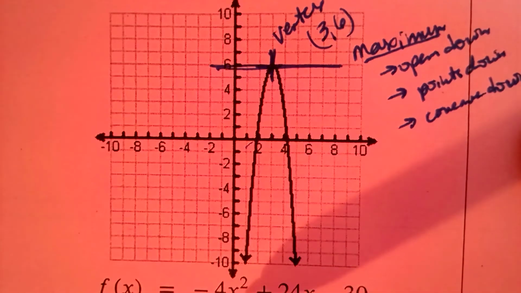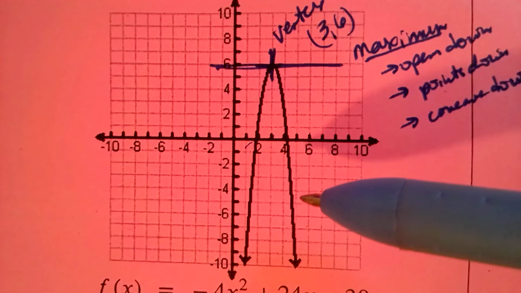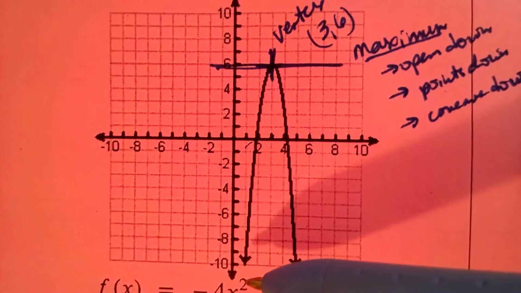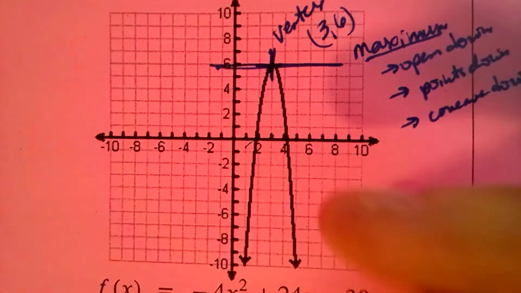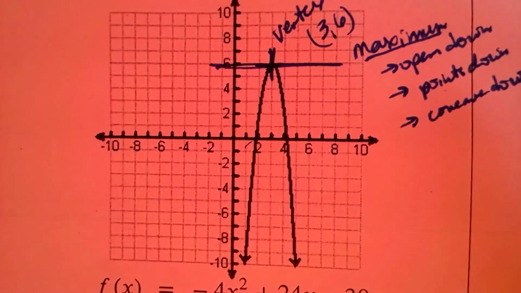Eventually, somewhere way down the line, it's going to cross. So I can't see it on the graph, but that doesn't mean that it doesn't exist. It's got a y-intercept. I just can't see it because I ran out of grid. Remember, just because I ran out of grid, it doesn't mean I ran out of graph. Okay? So if I could zoom this thing out, which I can't, but if I could, I'd be able to see where it crossed. All right?